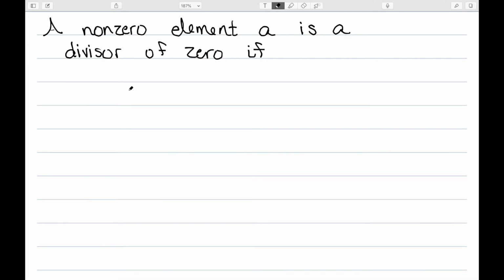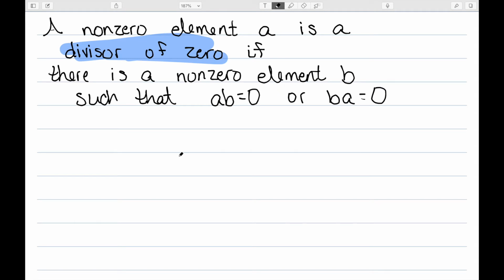With this idea, I want to define this divisor of 0. So we have a non-zero element A is known as a divisor of 0 if there is a non-zero element B such that A times B is equal to 0 or B times A is equal to 0.